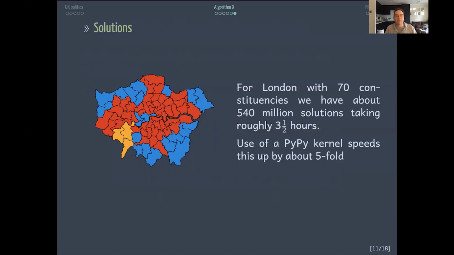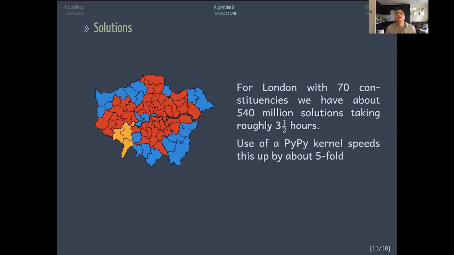And I ran Algorithm X to see how many ways there were of combining 2 neighbouring constituencies. It gave me roughly 540 million solutions, and that takes roughly 3.5 hours. So, yeah, that's quite a few. It's basically doing over 2 million solutions a minute.